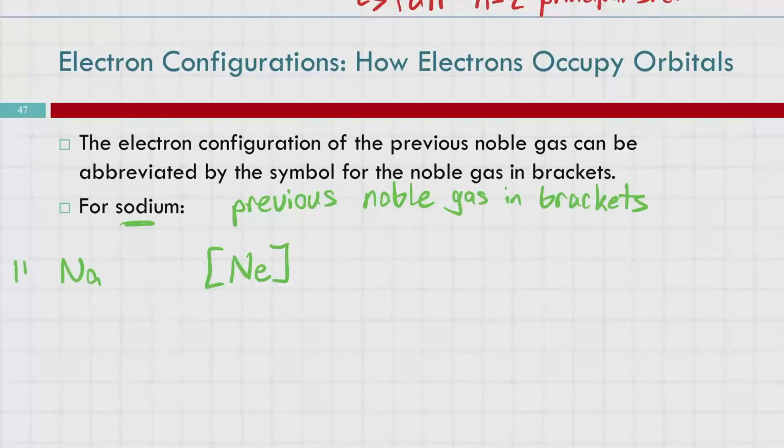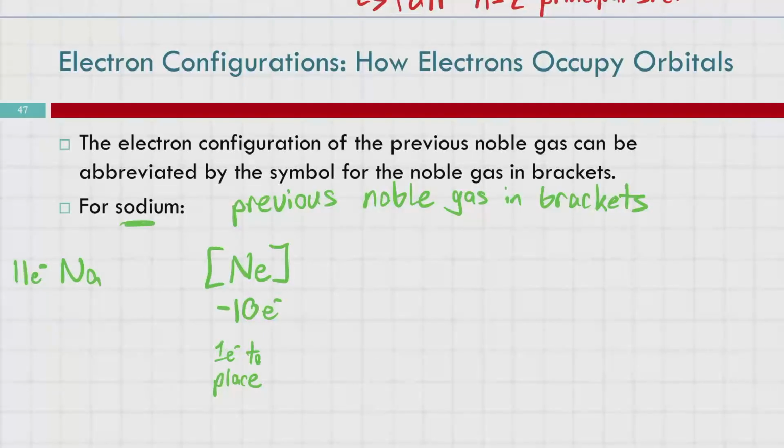All right, so we're working with sodium. It's got 11 electrons. How many electrons does neon have? Normally it has 10 electrons. So by putting the symbol for neon in brackets, we're taking away 10 electrons. We've got 1 electron to place after we write in that symbol.